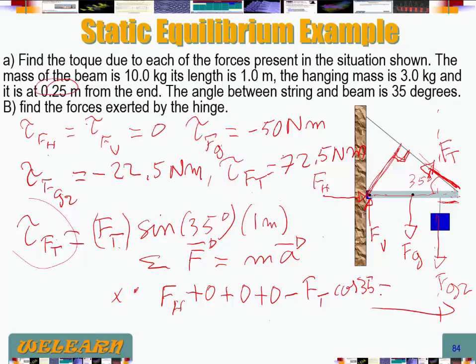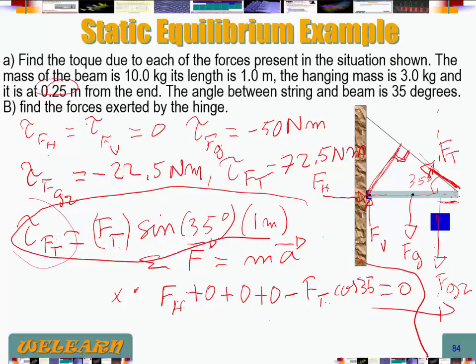And that's going to be equal to 0 since we don't have any acceleration. So you notice, if I know Ft, I can find Fh. And that's why I left this expression here. Now that I know what the torque due to Ft is, I can solve for Ft. I'll do that in a second. And then once I solve for Ft, I can find Fh.